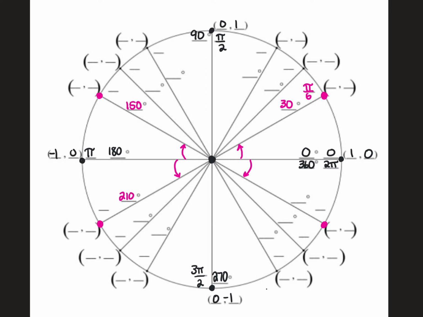I can just add 30 to 180 to get 210. Now this one's a little bit trickier, right? Because this is before 360. So you can think of it one of two ways. It's all the way around, or it's 30 degrees short of an entire rotation. So 30 degrees short of 360 would be 330 degrees.